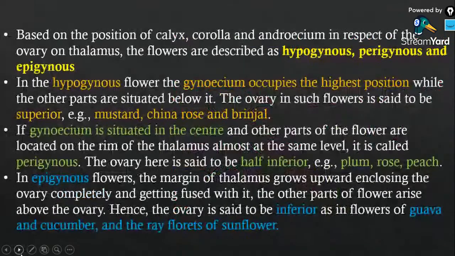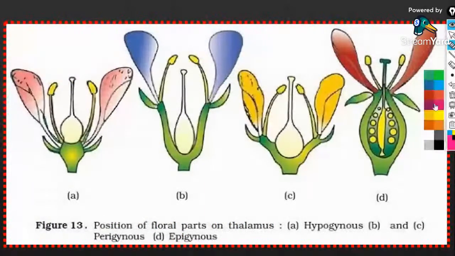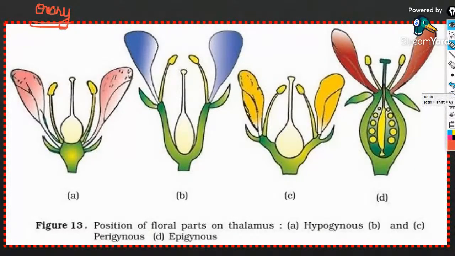Before that, I will show you the image. Guys, based on the position of the ovary, or gynoecium, with respect to the sepals, the petals and the androecium, flowers can be divided into 3 different types.